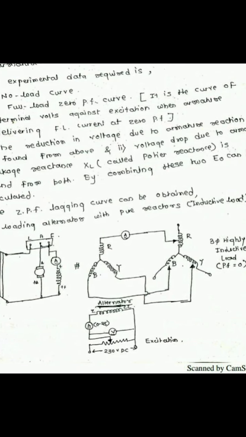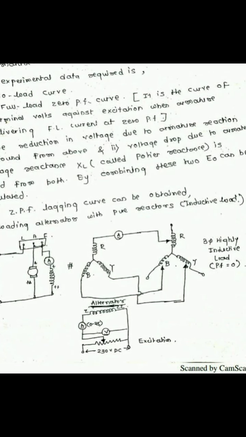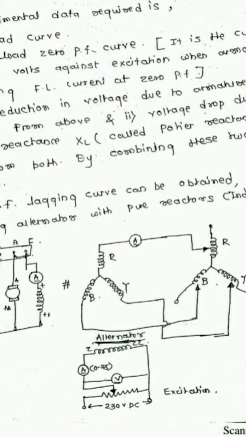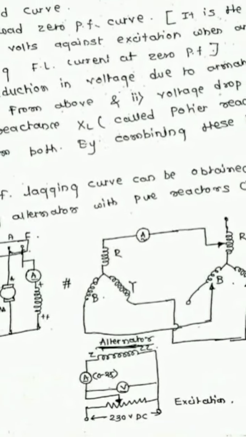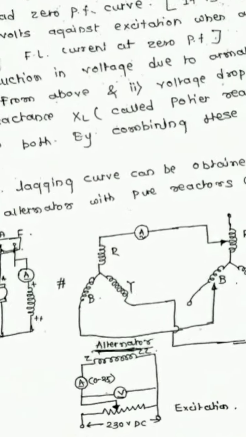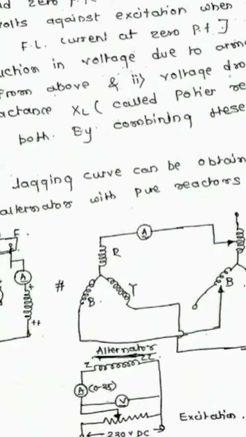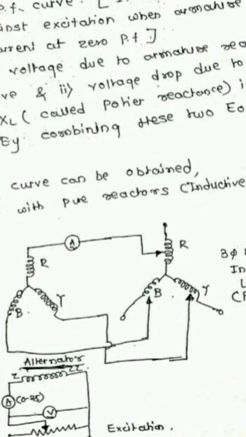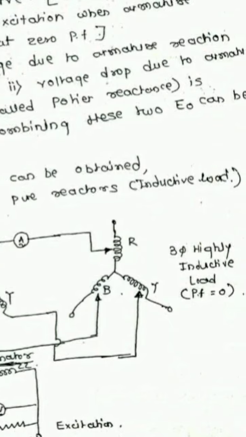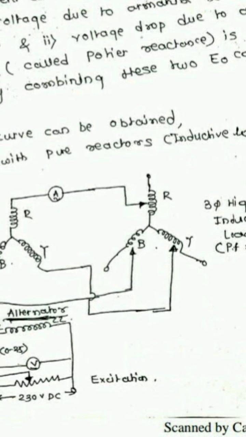This is basically the alternator model, shown with its excitation circuit as well as its armature circuit. From the armature of the alternator we connect to the load. From the three phases of the alternator, that is R, Y, B, we connect a three-phase inductive load which has power factor 0.